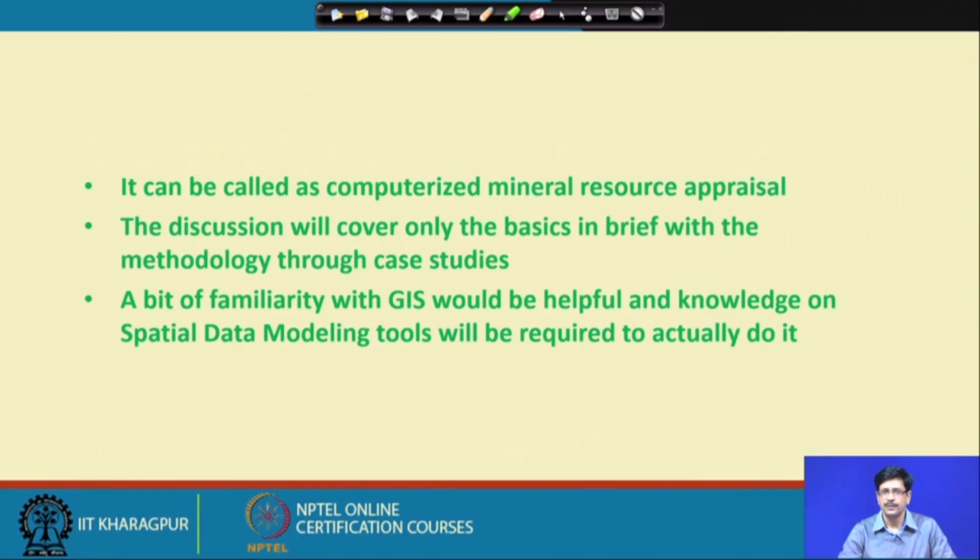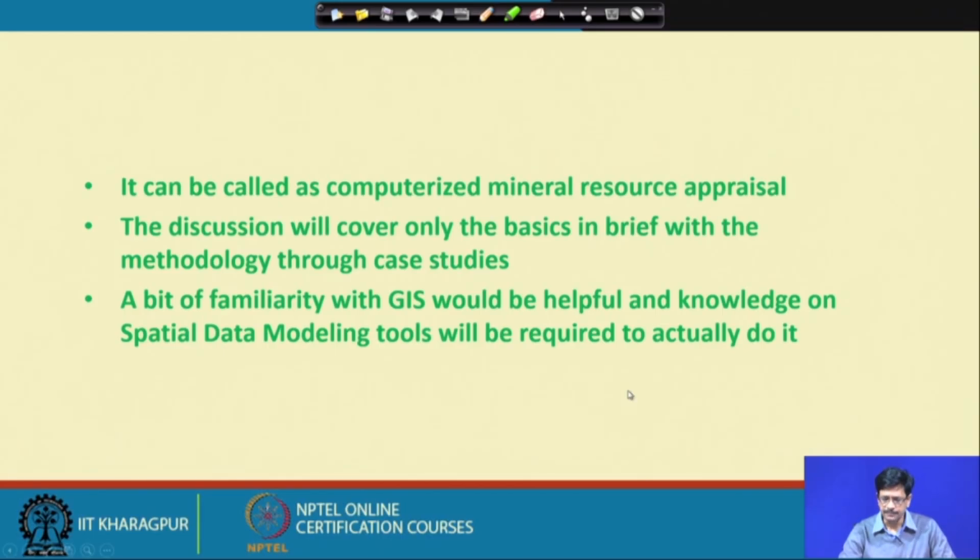Essentially, as a geologist, we always deal with maps. There are different types of maps, like a lithological map, a structural map, a magnetic anomaly map, a gravity anomaly map. All these things we have already seen, and they are all in reference to a specific area, a space. So they are essentially data in space.